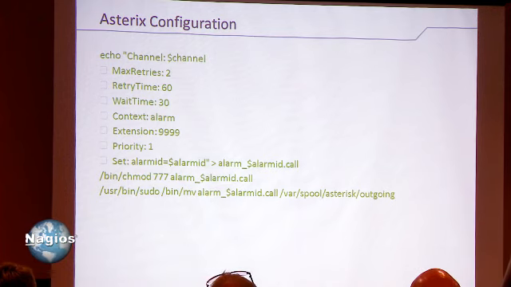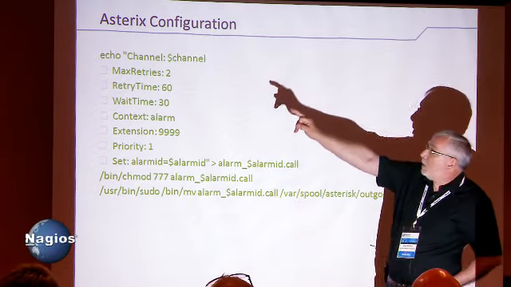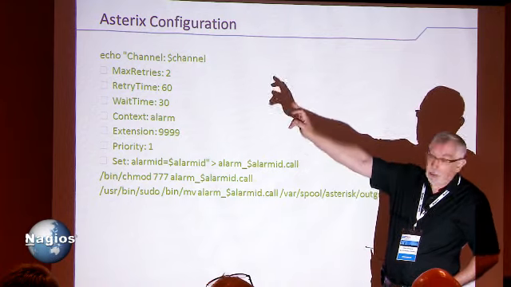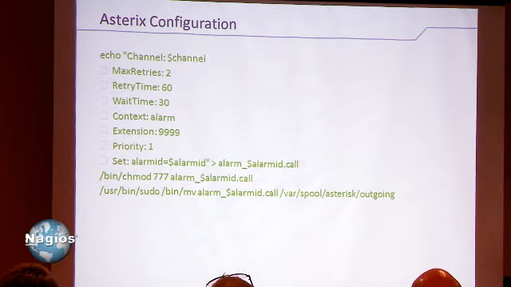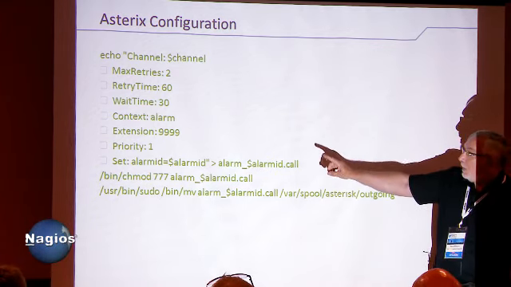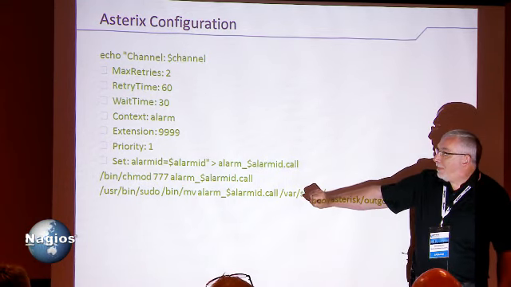Now this is the thing that you shouldn't do. I'm showing you how to do it. You shouldn't do this. I am actually building an internal Asterisk call setup here. So I'm saying, how many returns, keep going, wait, what extension, I'll come to that in a moment, and all this stuff. And then I echo it into a file, and then I move it.